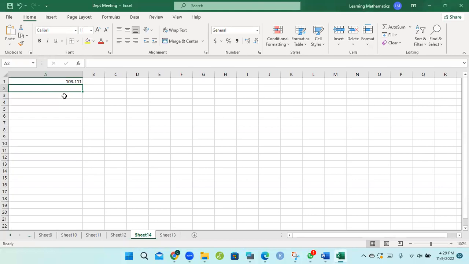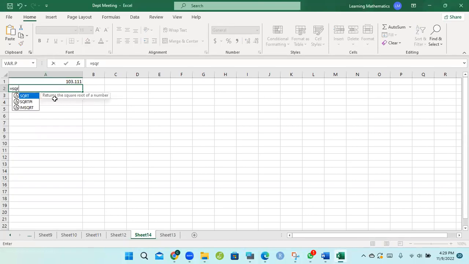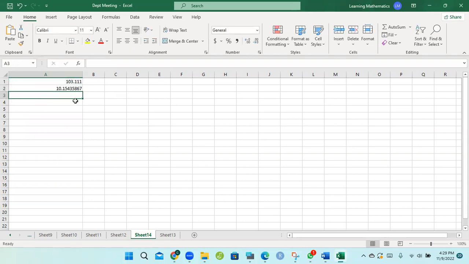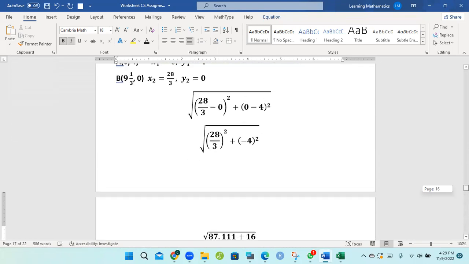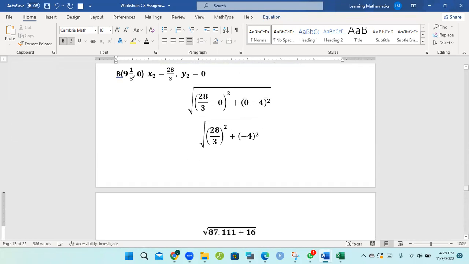We can do that right there. Equal SQRT, call up the square root function, square root this number, close bracket, enter. Which of course gives us 10.154. So that will be the length of the line that joins these 2 points, A and B.